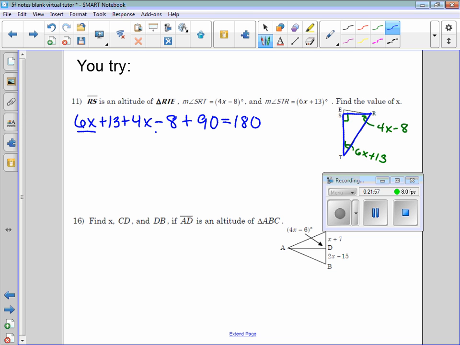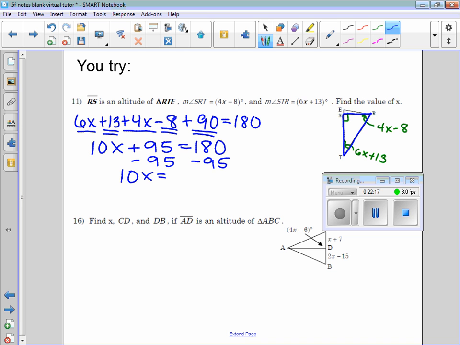Combine like terms, 6x plus 4x is 10x. 13 minus 8 is 5. 5 plus 90 is 95, equal to 180. Subtract 95. Gives you 10x equals 85. Divide by 10. Gives you x equals 8.5.